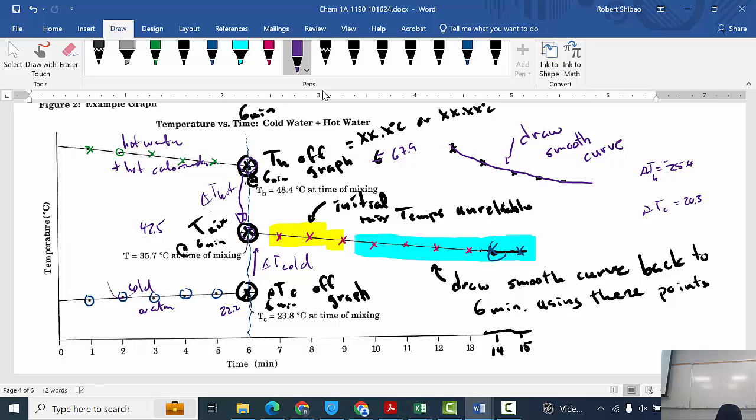And so what's going to happen is since you have hot water, what we expect is that the cold water should warm up a little bit more because it's absorbing not only heat from the water, but it's also absorbing heat from the calorimeter. So it should warm up a little bit more than the drop here.